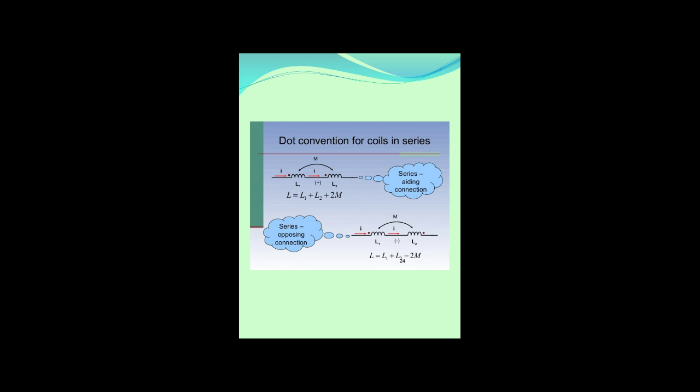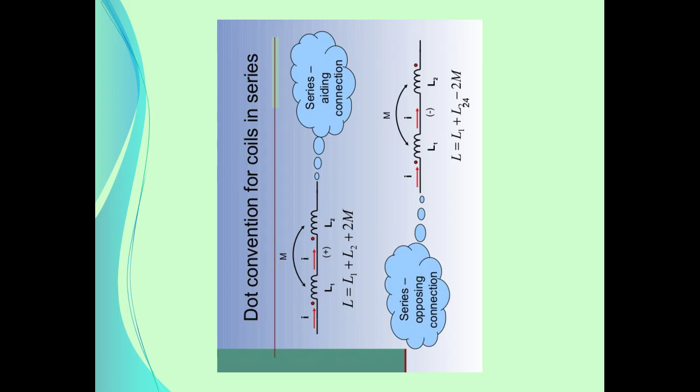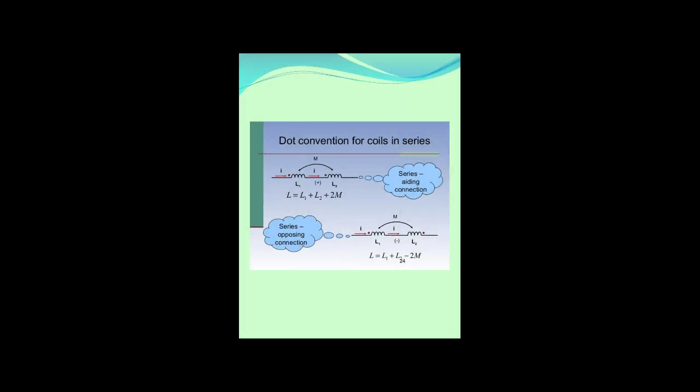So, dear student, in this lecture, we have studied self-inductance, mutual inductance and dot convention. Self-inductance is only due to the current flowing in the same coil and flux linked with the same coil.